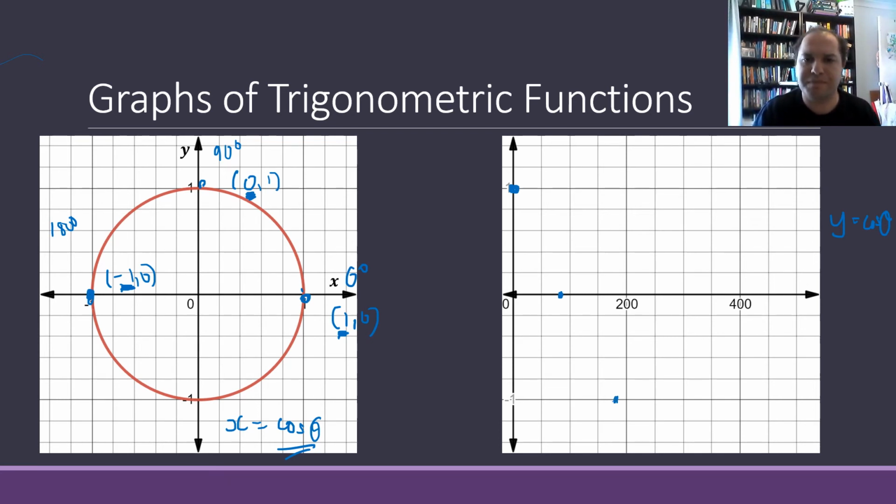And then going down to 270 degrees at the very bottom here, our coordinates are 0, negative 1. So our x value, our cos value, once again is 0. So we've got 250 here, right there. So we're looking about here.